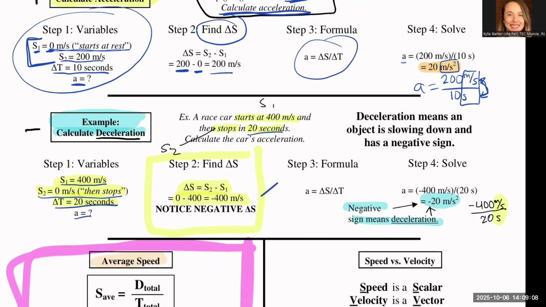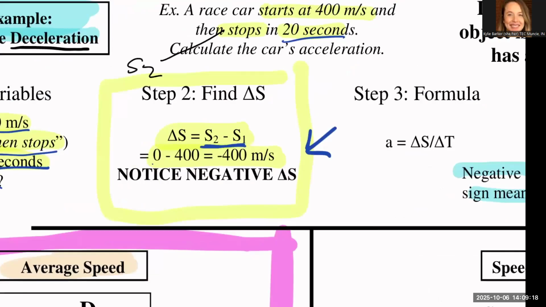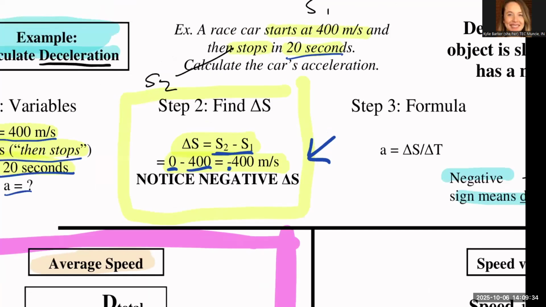So this right here is super important. When we find delta S, you have to remember to do this correctly. Speed 2 minus speed 1, which is 0 minus 400, not 400 minus 0, because you're doing ending speed minus beginning speed. So we've got this little negative symbol right here. And it's going to ultimately give us a negative answer, which is correctly, that's what we want.